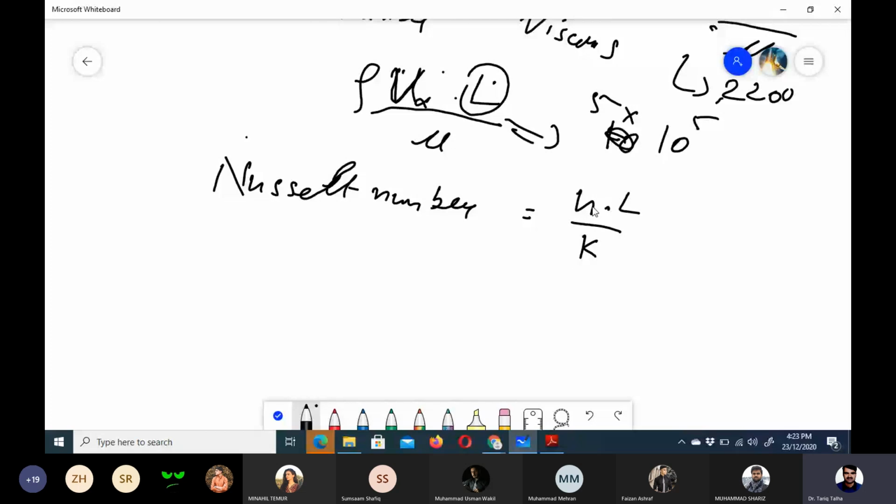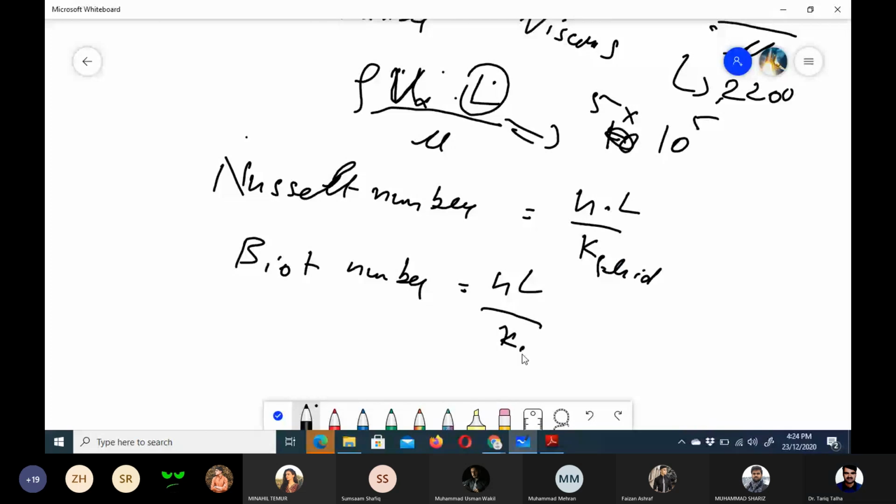But if you remember from yesterday's lecture, we also defined the Biot number for the unsteady transient case, which was also equal to hL upon k. So what is the difference between these two? In the Nusselt number, k is for the fluid, while in the Biot number k is for the solid on which the transient conduction is happening.